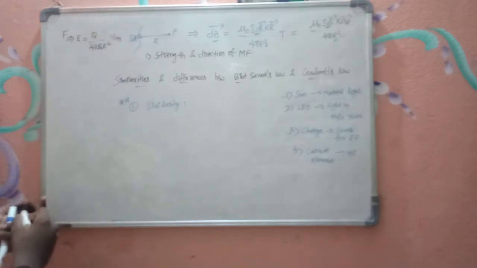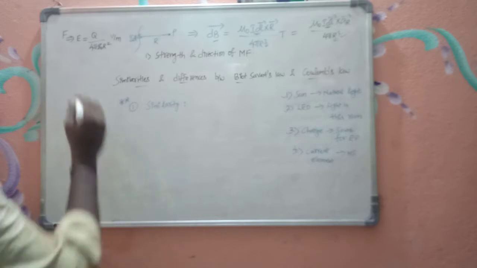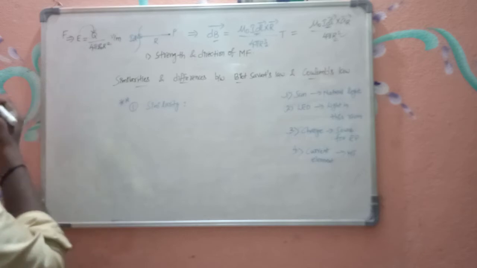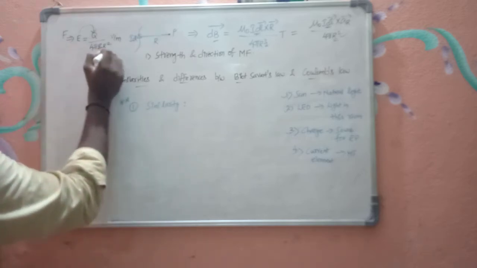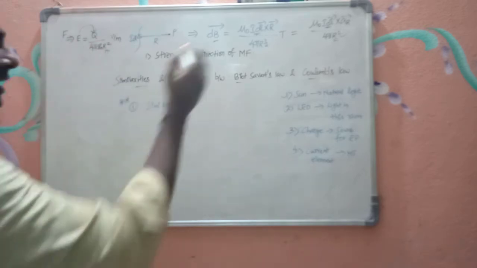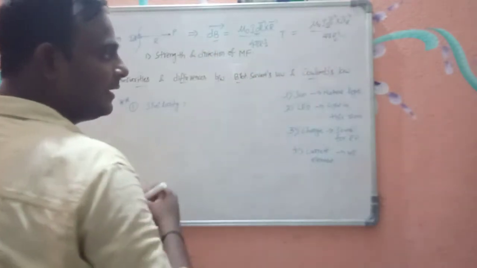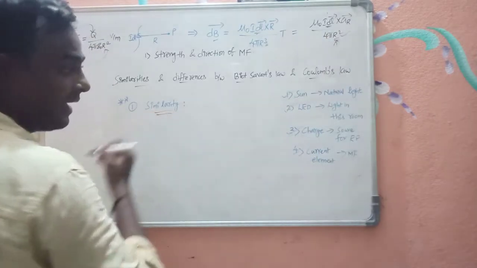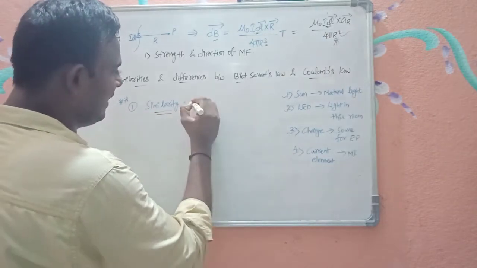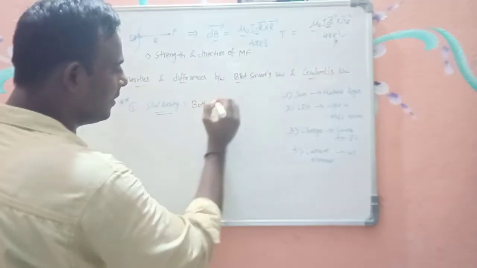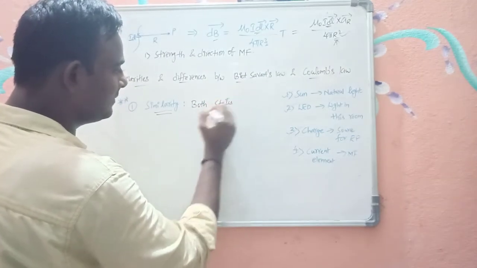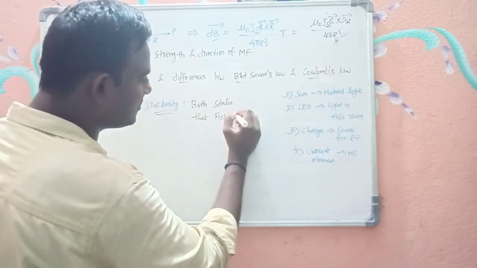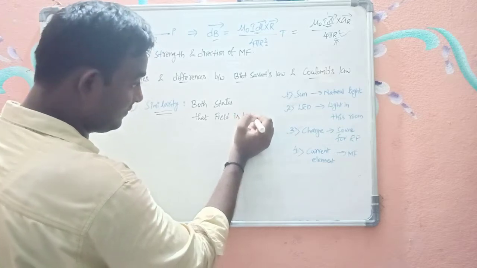Now Coulomb's law states that the field is proportional to the charge and inversely proportional to the square of the distance between them. Here the field is proportional to the current element and inversely proportional to the square of the distance between them. This is the similarity. Both state that the field is proportional to the source.